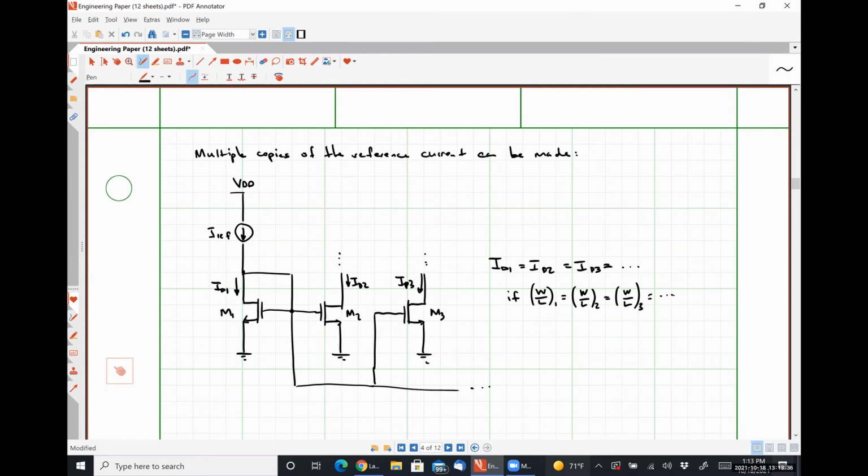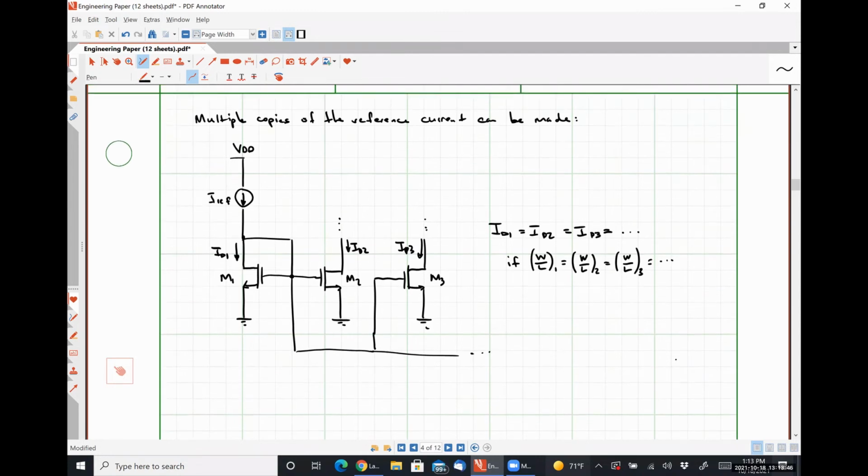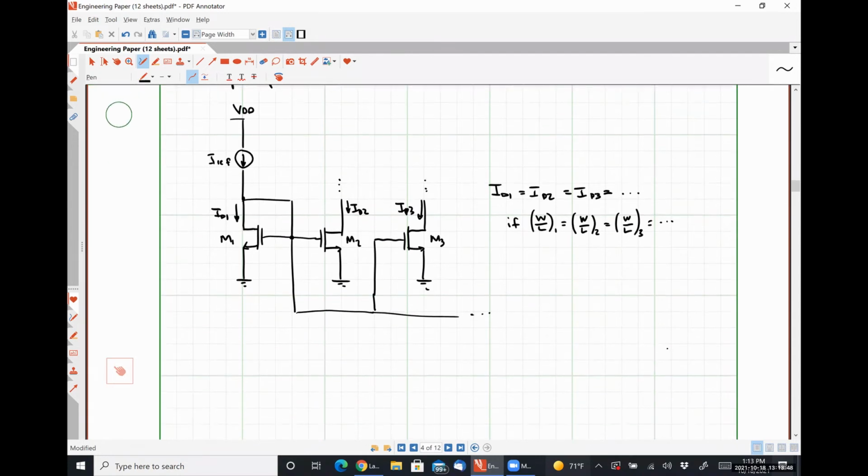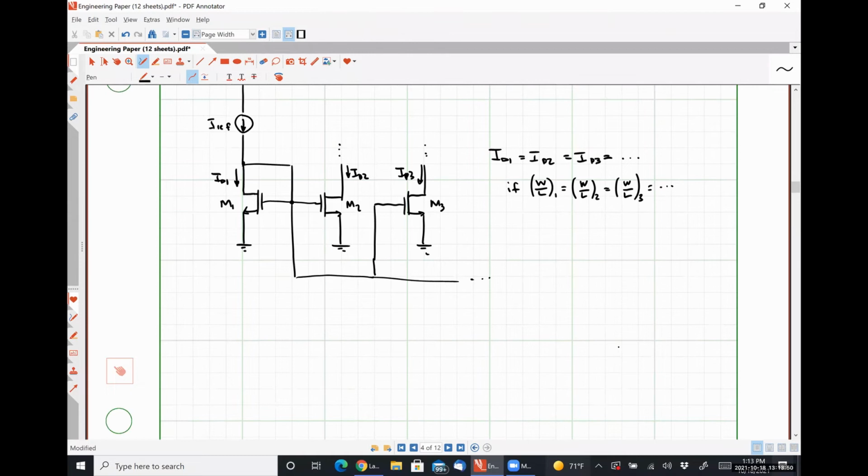But nominally, I can make an infinite number of copies here of something pretty close to I reference with this, right? That's fairly boring and straightforward. Another interesting thing that we can do is change the aspect ratios to let us scale copies.